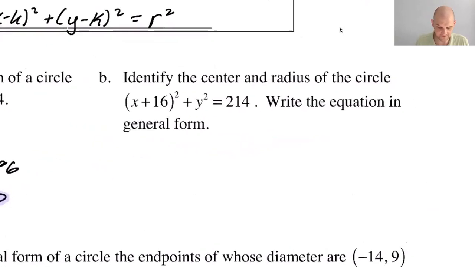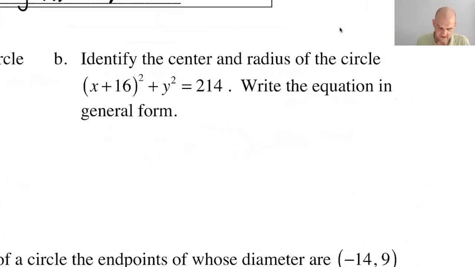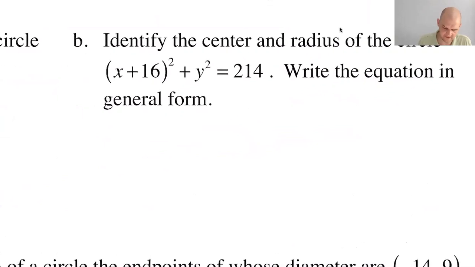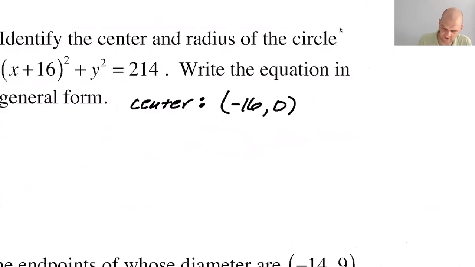All right, how about this? Identify the center and radius. Okay, so the center is (h, k). It's x minus h, y minus k. So x minus negative 16, so h is negative 16, and y minus 0. And then my radius, don't forget that's the radius squared. So the radius is going to be the square root of 214.